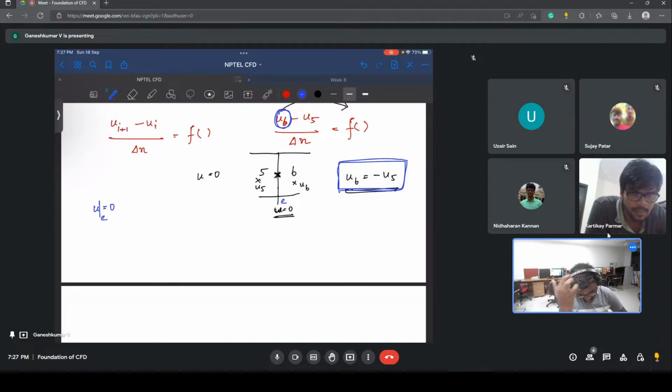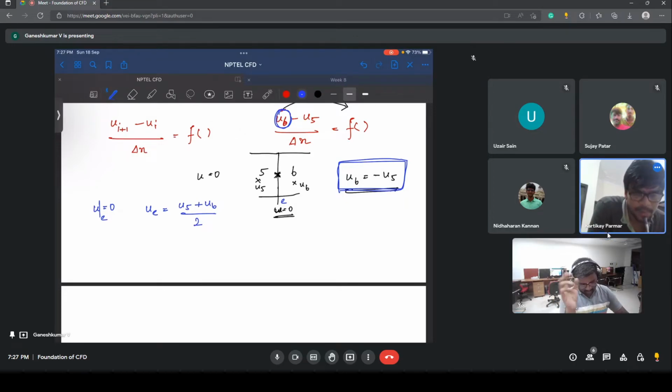You can write u east as (u5 plus u6) divided by 2, which is nothing but linear interpolation.